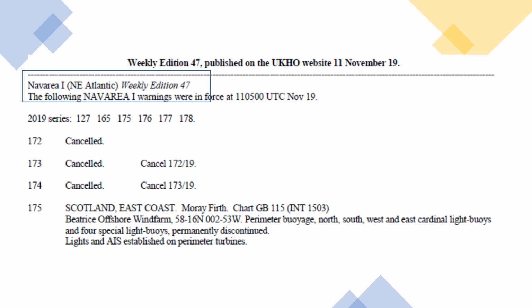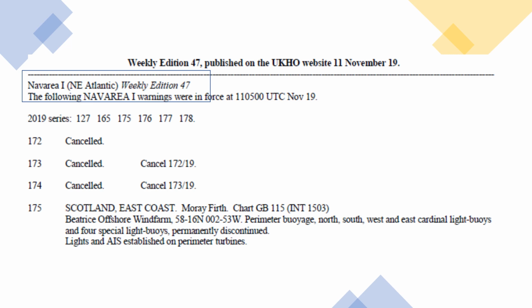Here you can see the cancellations provided. If you have received warnings number 172, 173, 174, this particular notice tells you that these warnings no longer stand, they can be cancelled, and you can remove them from wherever you stored them, or you can put a cross across them and write cancelled.